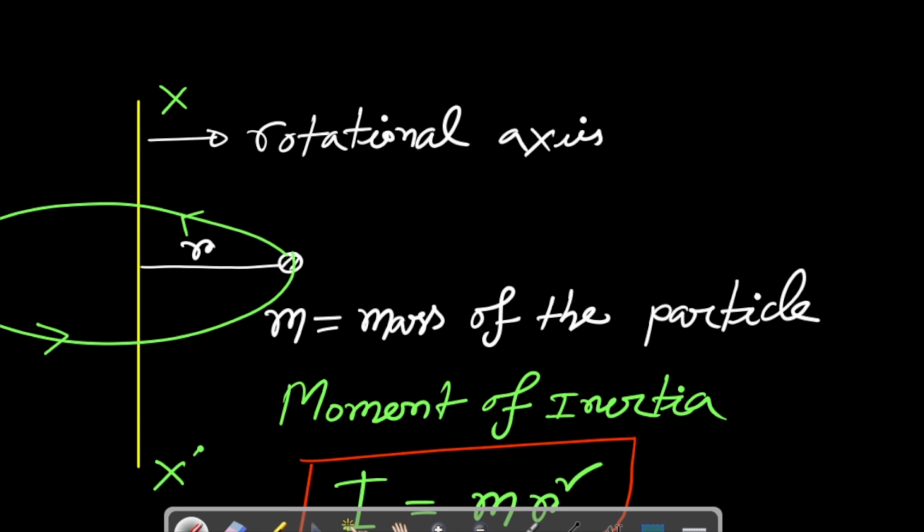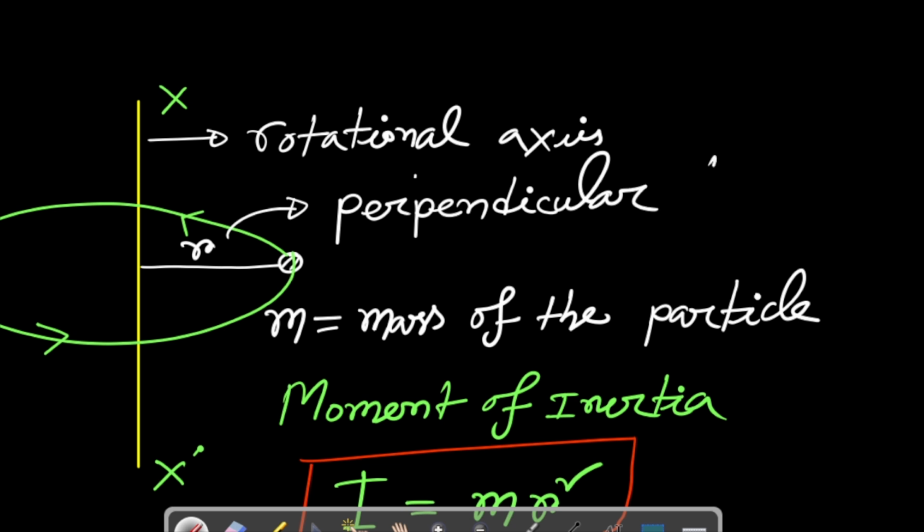Always remember that here r is a distance, and this distance is a perpendicular distance from the rotational axis to the point mass.